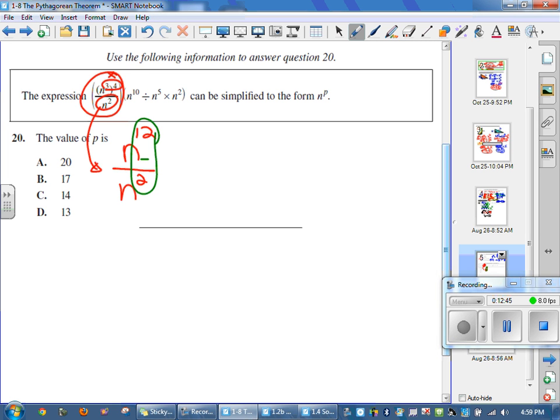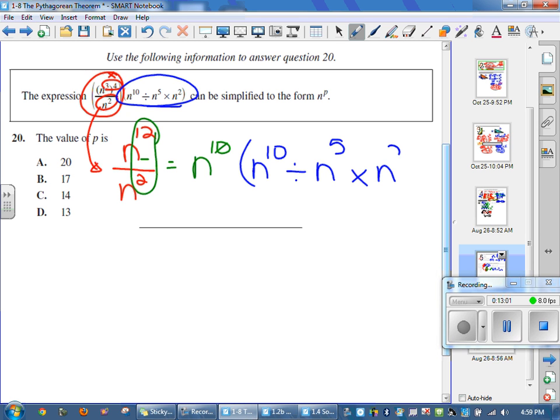Now, this is all beside this big bracket. So now I've got n to the 10, divide by n to the 5 times n to the 2. In the blue bracket there, I need to take it piece by piece, left to right. So I'm going to take this part first. Dividing means I'm going to take those digits and subtract them.